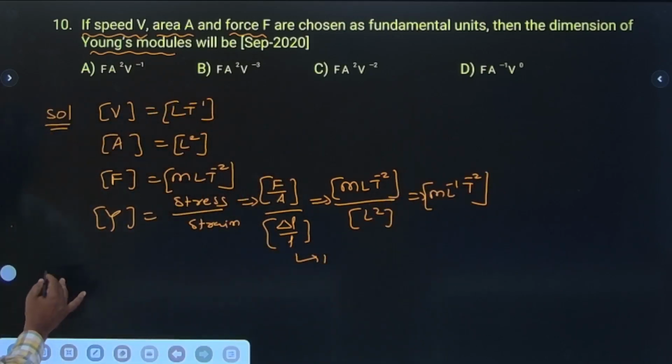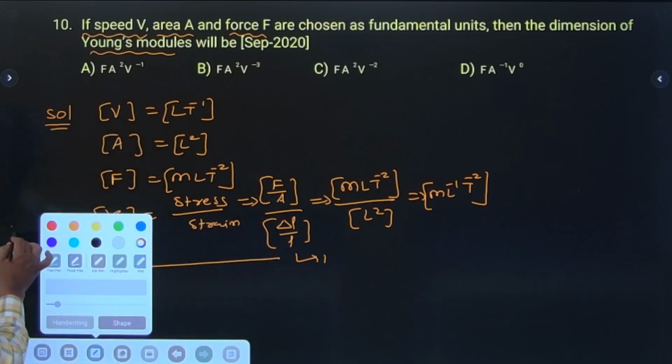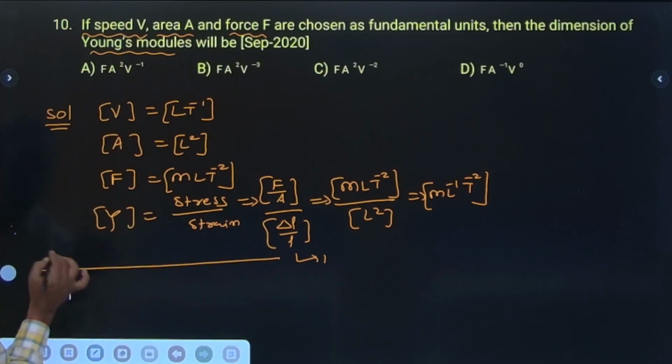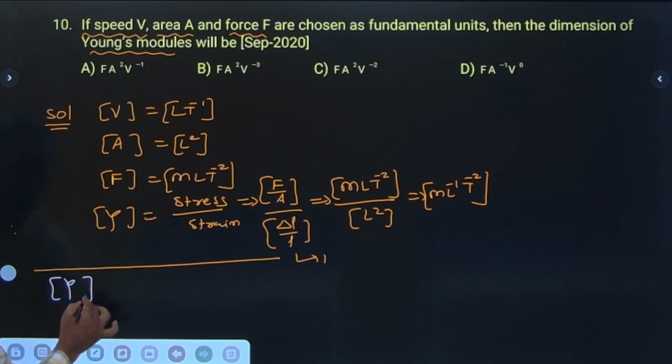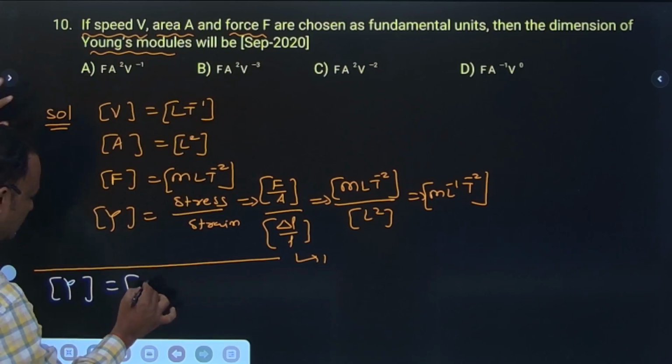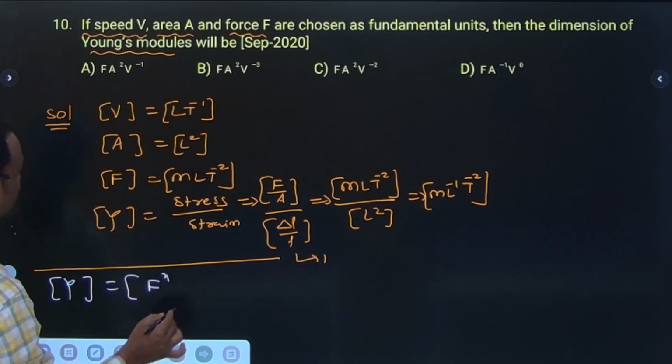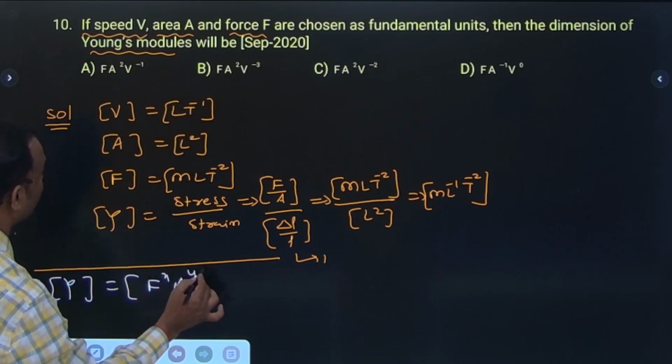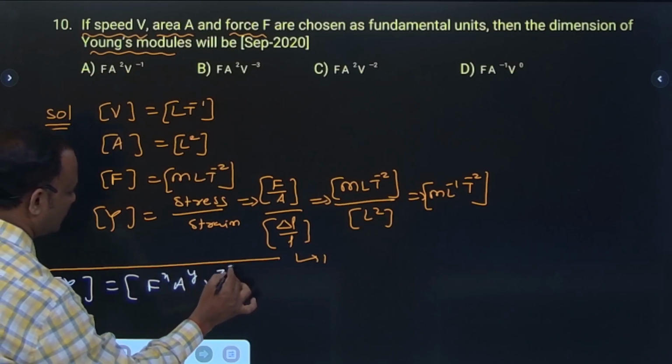Next, write the relation. Young's modulus Y, according to the options, is F to the power of x, A to the power of y, V to the power of z.